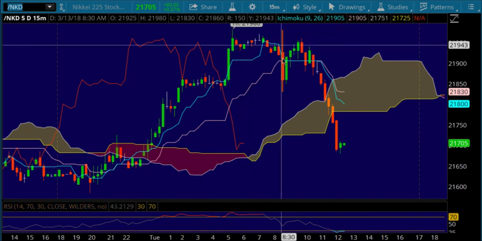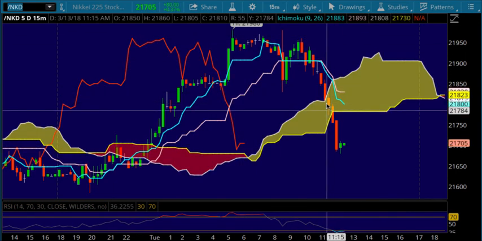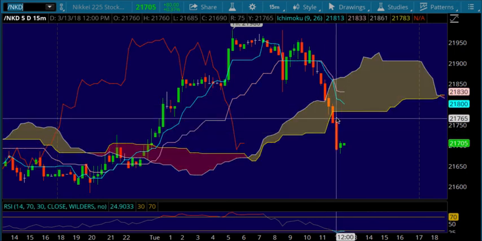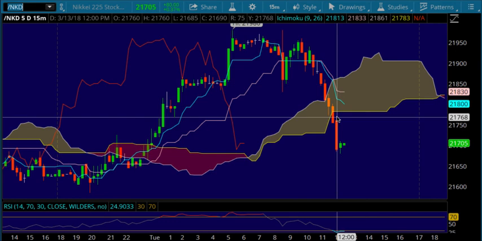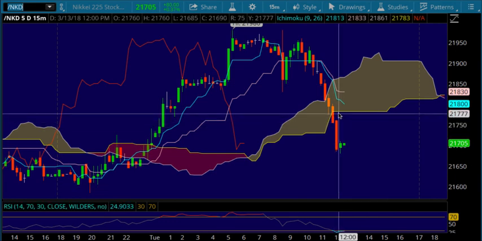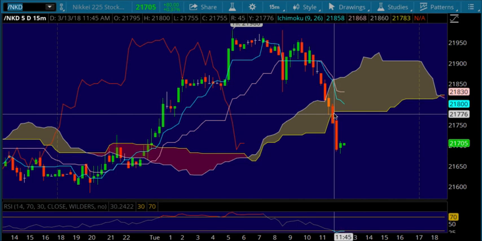It put in a head and shoulders type pattern, came down, was trying to hold the cloud here and put in this doji in the middle of the cloud, but then failed to hold the cloud. And this is when the ES just made that very fast sell-off a little while ago, when the Nikkei lost support on the 15-minute time frame. So if you're not watching the Nikkei, you should be.